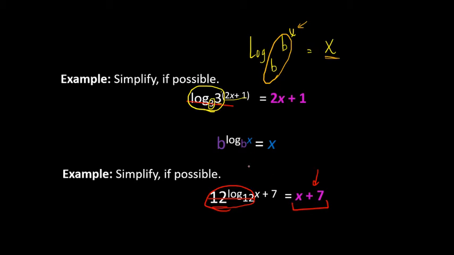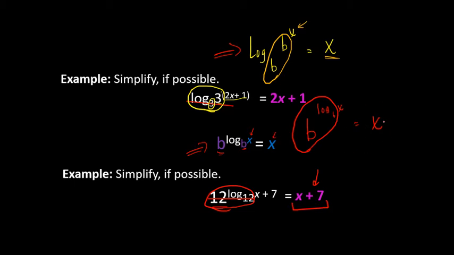More than anything, I just want you to write down this piece and then maybe this piece as well, which I'll write bigger to exaggerate. b to the log base b of x equals x. So again, noticing when you've got your base and your result as the same number, they undo each other. Now, again, it has to be the base and the result. We're not talking about the exponent.